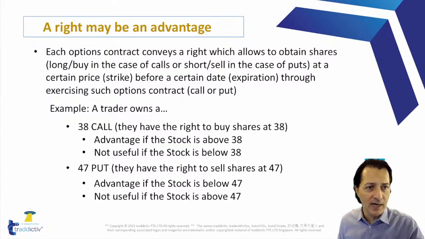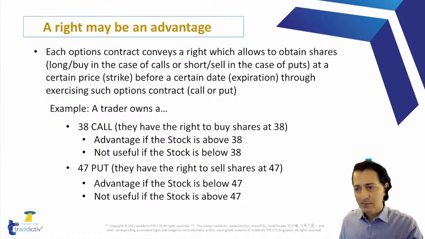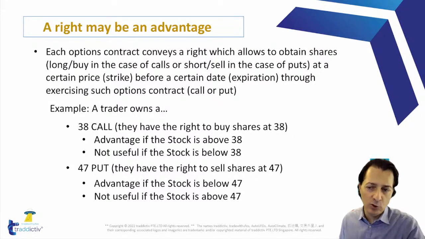In other words, if you own a call and you exercise, you end up with long shares. If you own a put and you exercise, you end up short shares. That's your right: you have the right to obtain shares, either long or short, depending on whether it's a call or a put, if you choose to exercise.